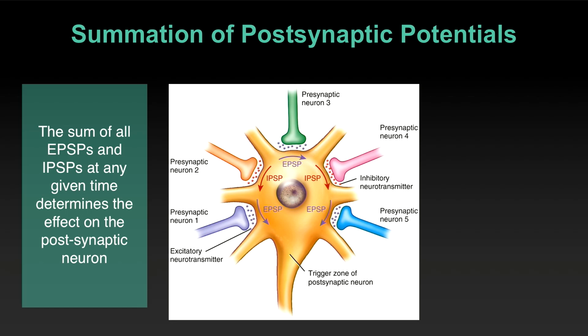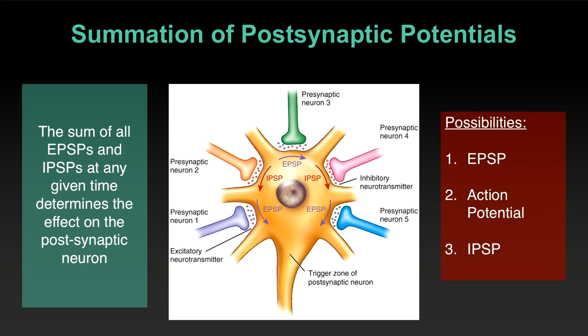So that brings me to the 3 options, the 3 things that can happen. All of these incoming neurons converging on one postsynaptic neuron. Thousands, tens of thousands. 3 things can happen. 1, the net effect is excitatory, but it doesn't trigger an action potential.